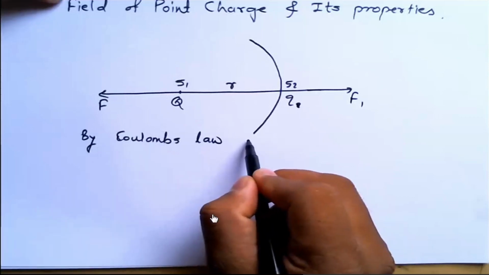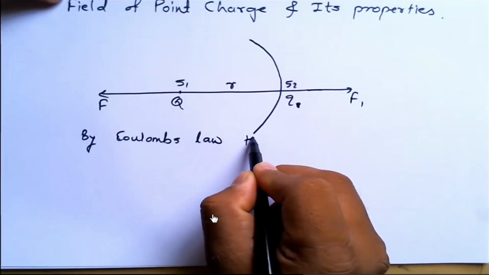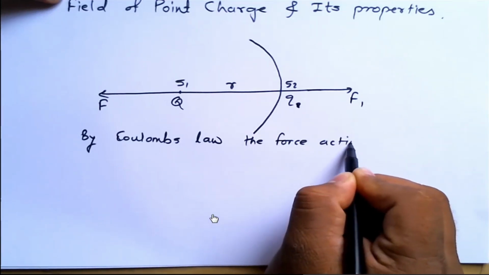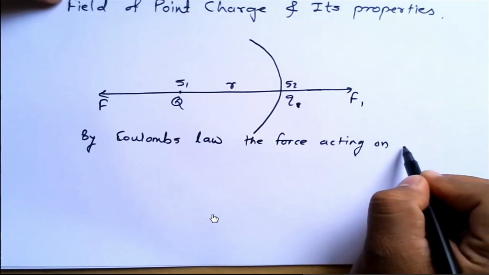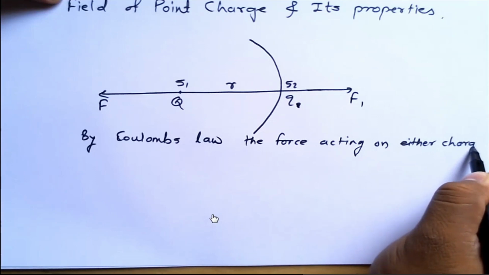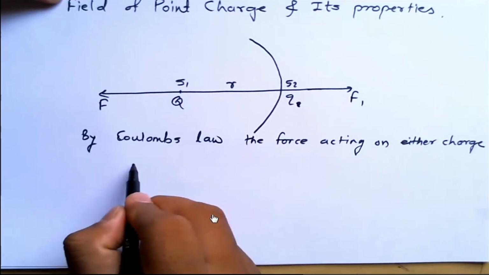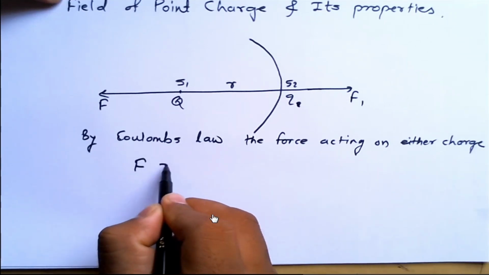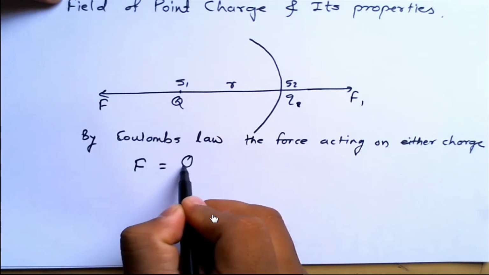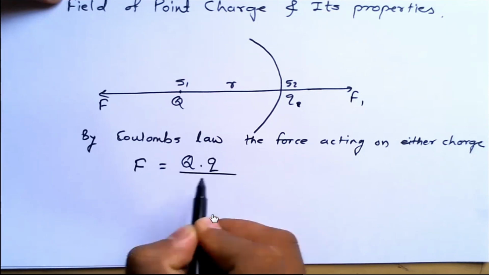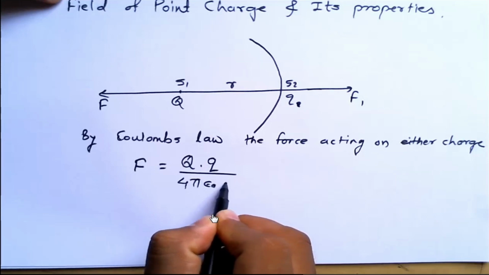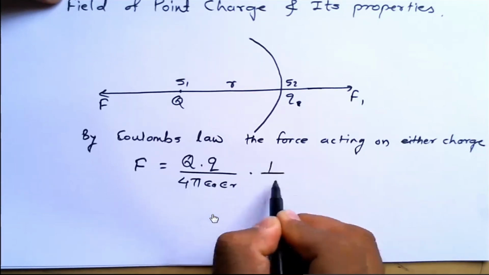the force acting on either charge, let us say it is denoted by F, which is given by the product of these charges, that is Q and small q, divided by 4 pi epsilon 0 epsilon r into 1 upon r square.